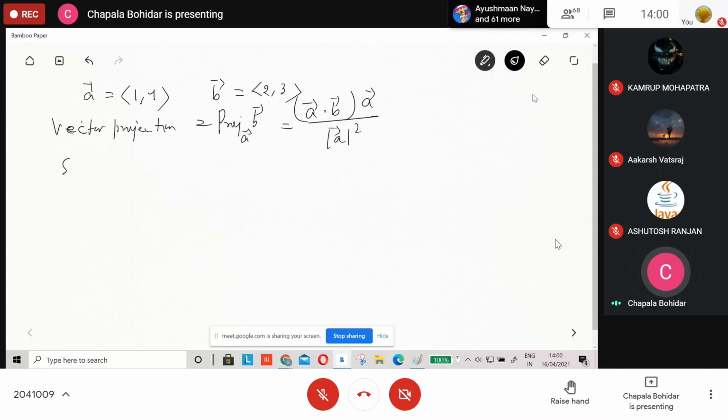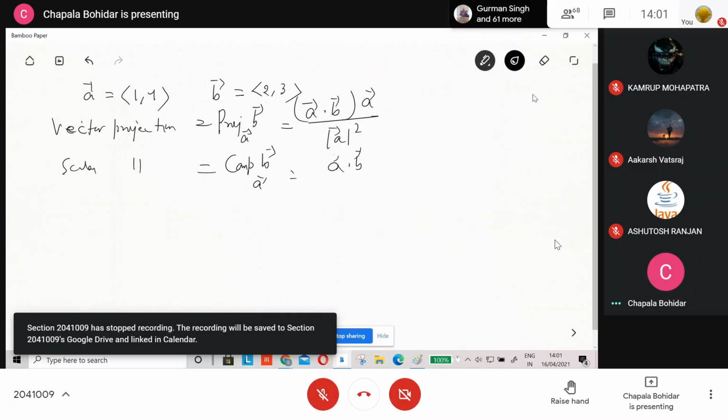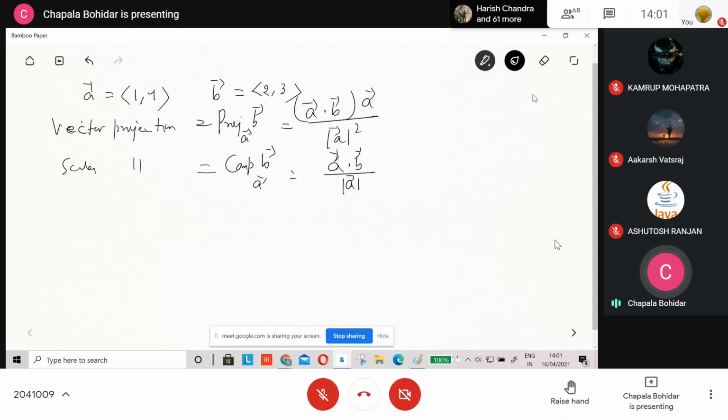The scalar projection is A dot B divided by the absolute value of A. Do it yourself, all the data is given. You can do it.